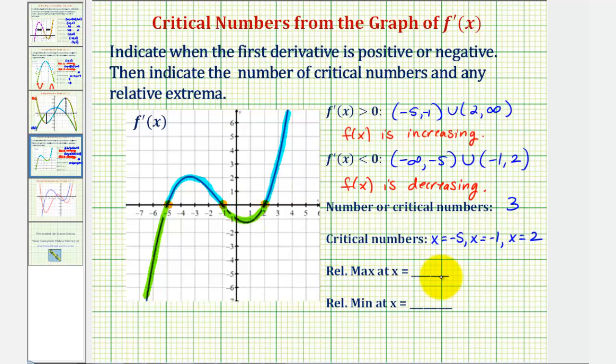And now we're asked to determine the location of any relative extrema. If we go back over to the graph for a moment, notice how the first derivative changes from negative to positive at x equals -5, and it changes from positive to negative at x equals -1, and then from negative back to positive again at x equals +2.